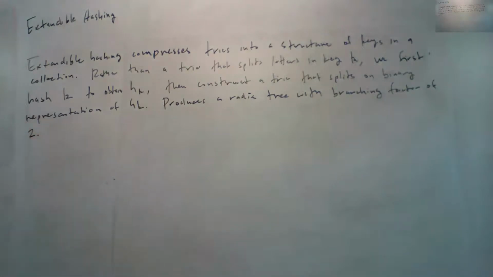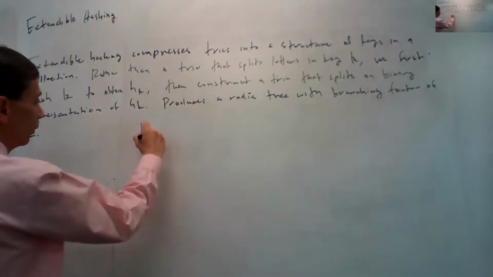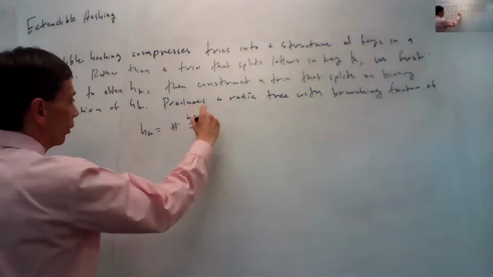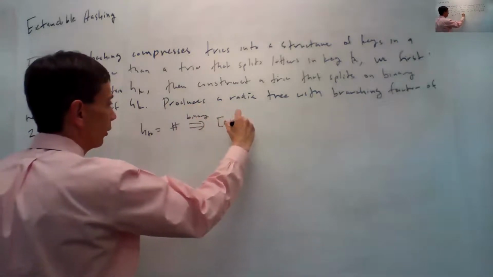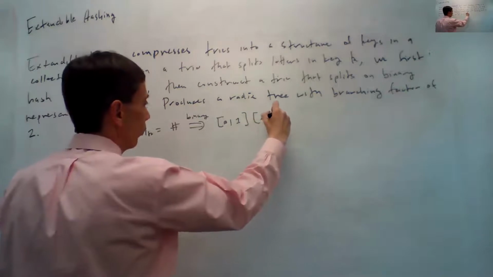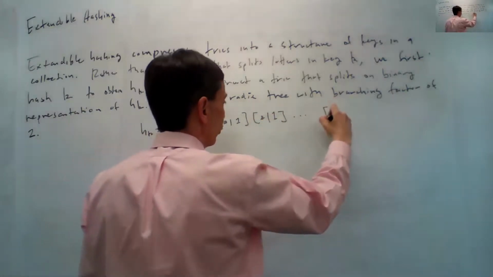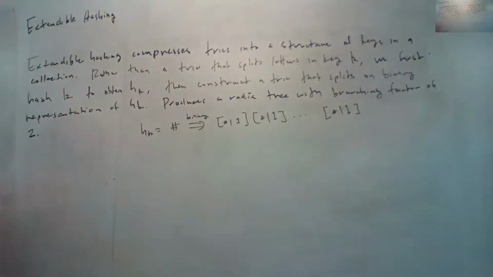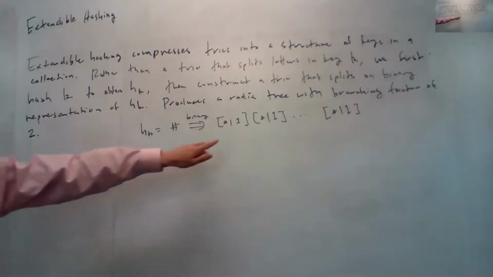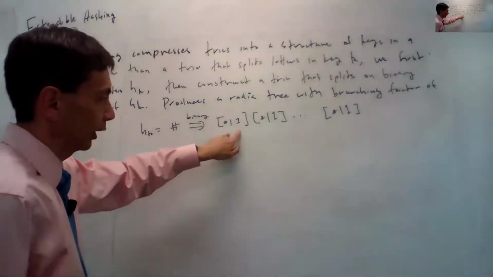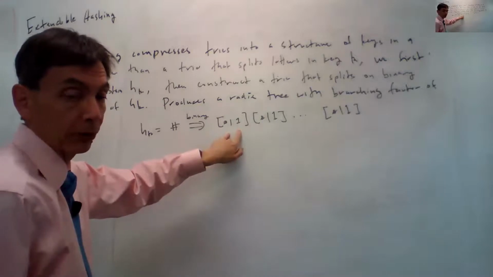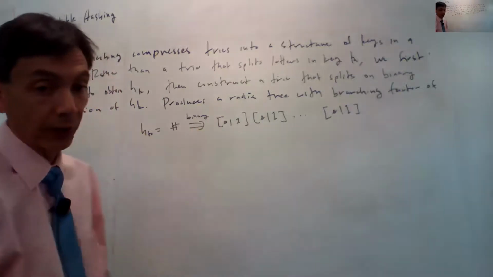So if you think about H of K, it's some number, and then if we convert that to binary, we're going to get a 0 or a 1, all the way down to a 0 or a 1. And so that's why it's a branching factor of 2 for the radix tree, because at any node in the tree, you're either going to follow the 0 path or the 1 path if you're following a path for a particular key's hash value. Okay?